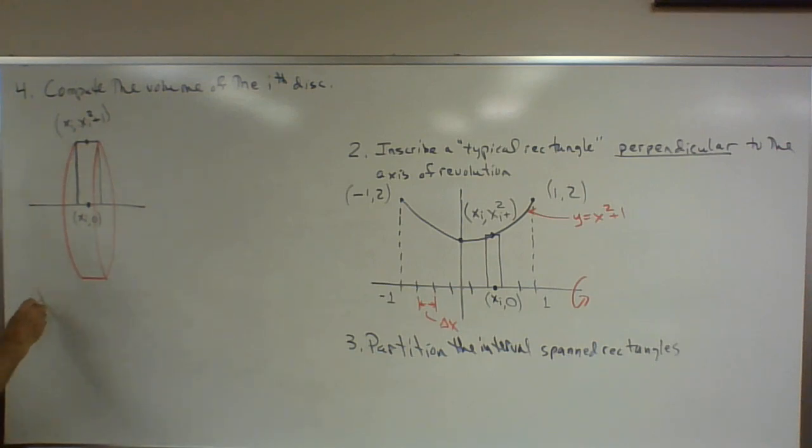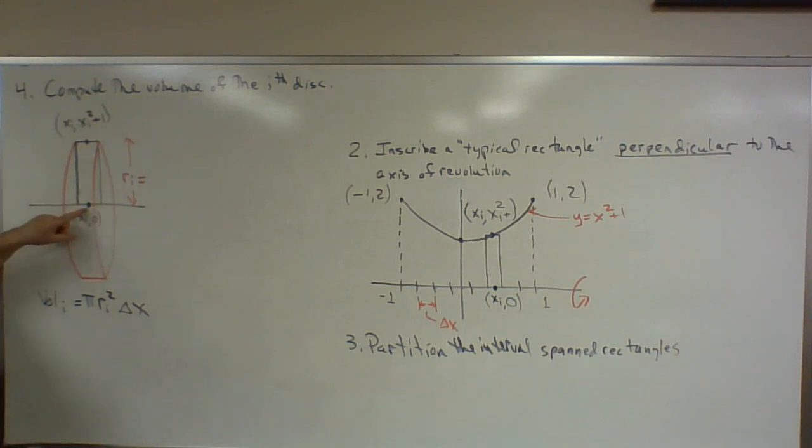And the volume of the ith disk is pi radius squared times the thickness, delta x. Just what is our radius? Our radius is this distance right here, and it's just a vertical distance.